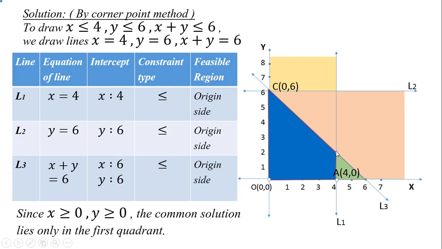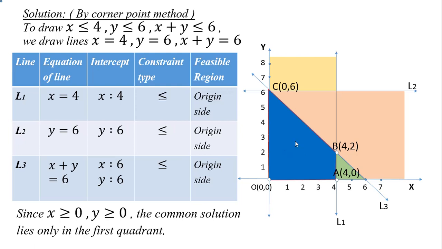We can cross check here. For this point, the x coordinate is 4 and the y coordinate is 2. So here we get this point, its coordinates are 4, 2. We denote this point by B. Now these 4 points O, A, B, C are the corner points of the common solution set, which is known as the feasible region.